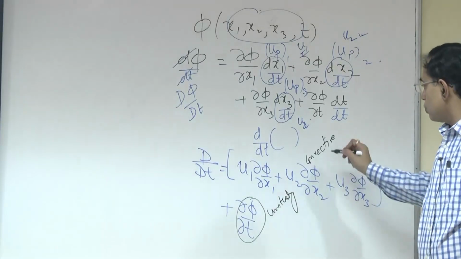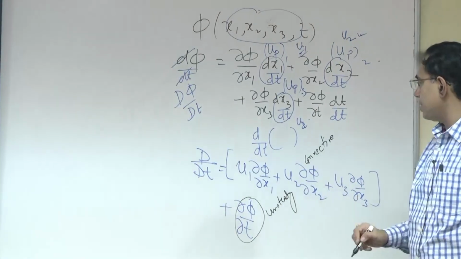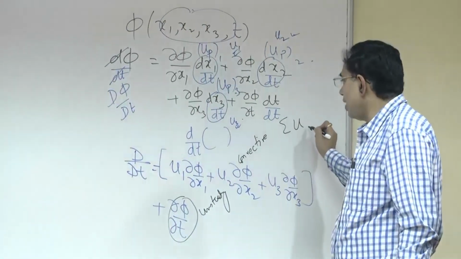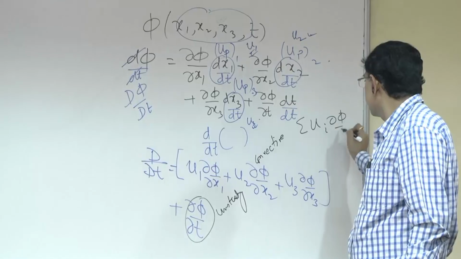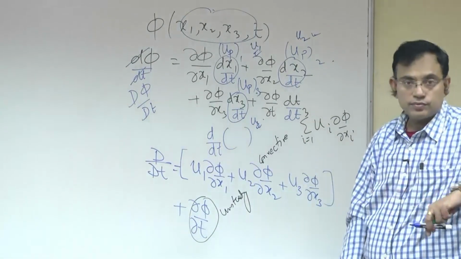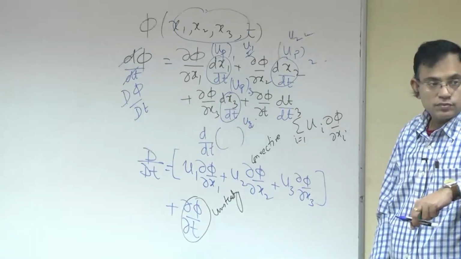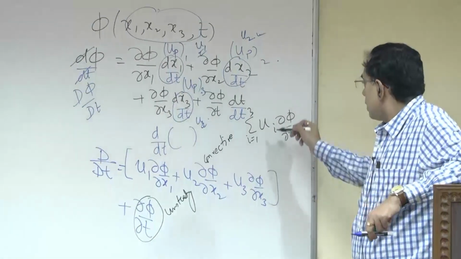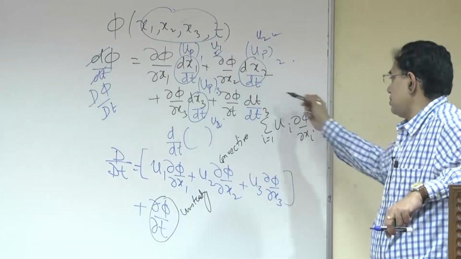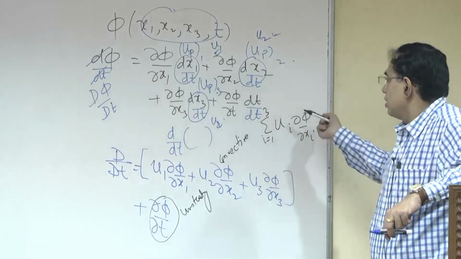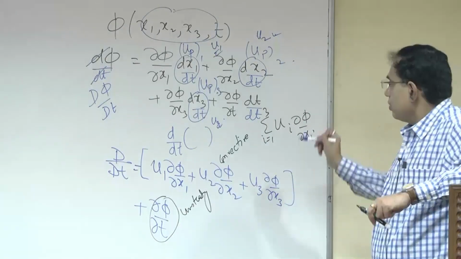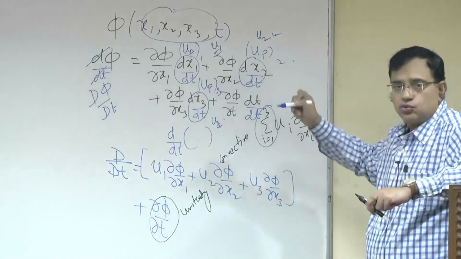If you look at these terms mathematically, it is just like a summation of ui, with i equal to 1 to 3. Because many such expressions come up in continuum mechanics, there is a shorthand way of writing the same thing where you just do not write the summation.